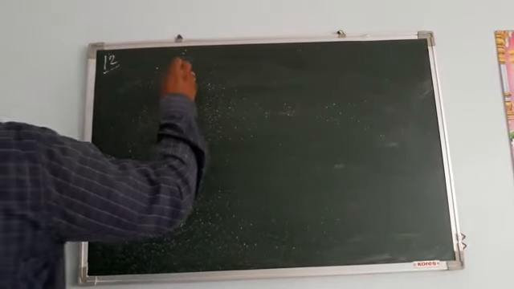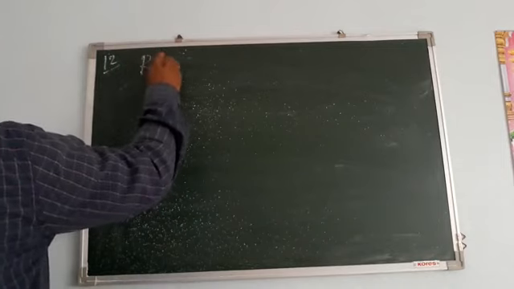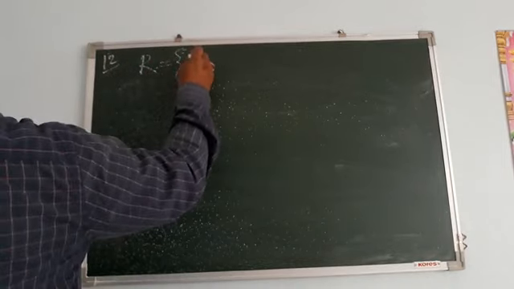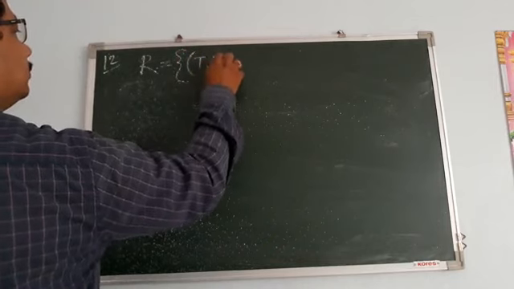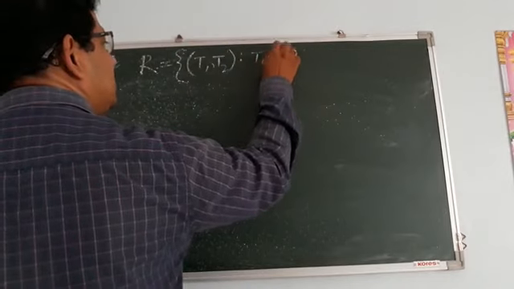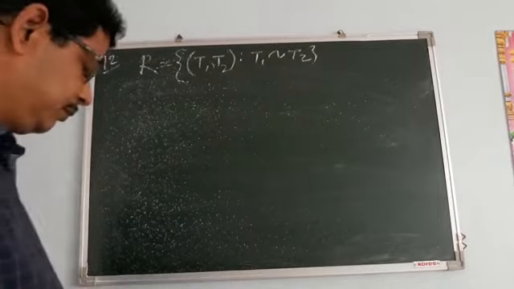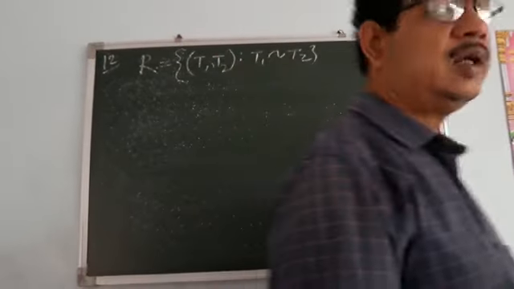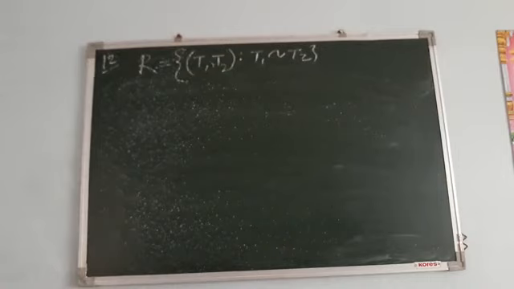Question number 12. Here R is given as (T1, T2), T1 is similar to T2. This is the similar symbol I have written. We have to show this is what? An equivalence relation. So equivalence relation it is, we are going to show.